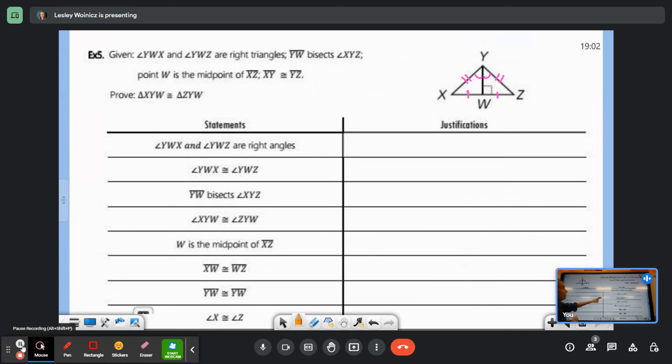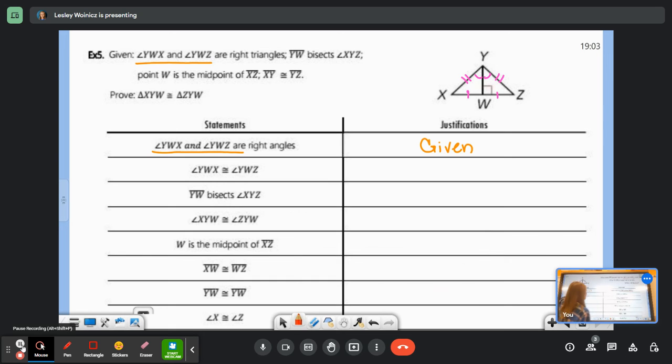So how do we know that these two angles are right angles? Well, it's given to us. So that's our first justification, given. Okay, how do we know that these two angles are congruent? Sorry, my brain just died.